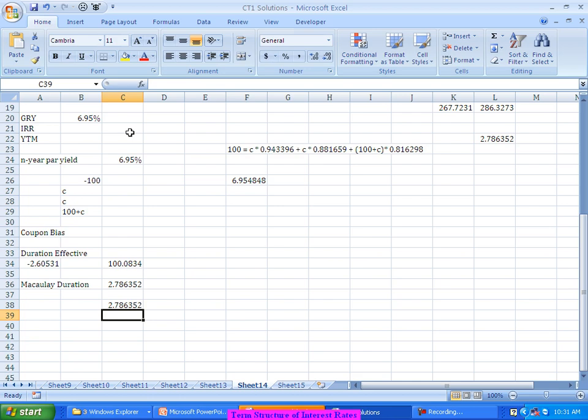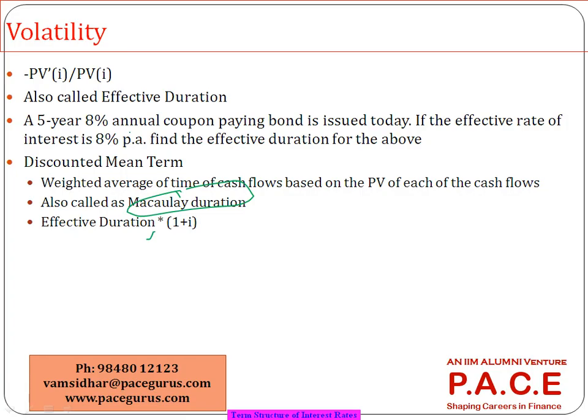So that is the relationship we are defining between the effective duration and the Macaulay duration. Even if effective duration is given and I have to find the Macaulay duration, all I should do is multiply the effective duration by 1 plus I, where I is the effective rate for that particular period.